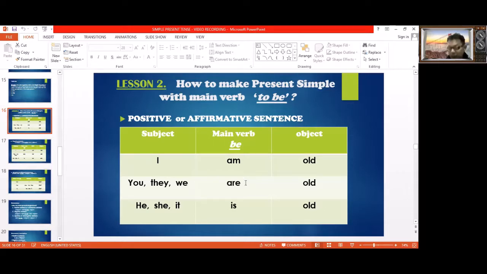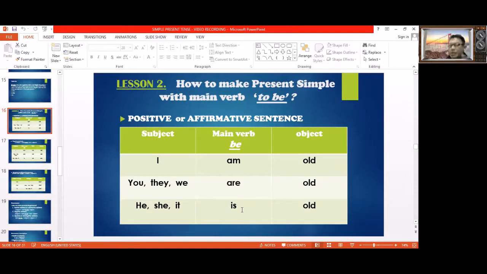And group 2, he, she, it, uses the be verb is. So here we have three groups now: I uses only am, group 1 (you, they, we) uses are, and group 2 (he, she, it) uses is. Okay, let's practice that so that you don't forget.